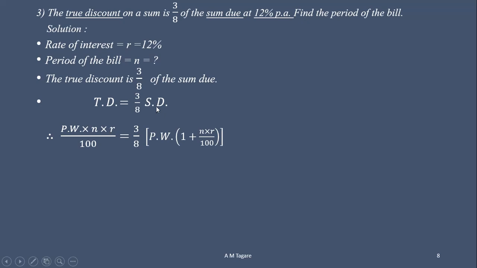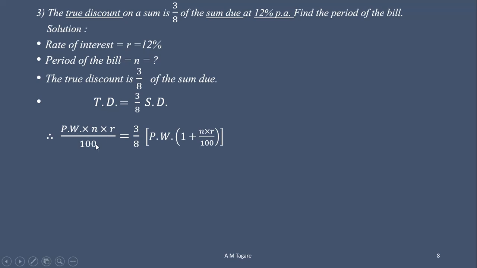So we use formula for sum due where there is present value. Again, we know that sum due is present worth plus true discount, but again true discount is not given. So we use this formula. If we use this formula, we can cancel this PW from both sides. Then we get relation between N and R. Out of these two, R is given, and we can find the value of N.